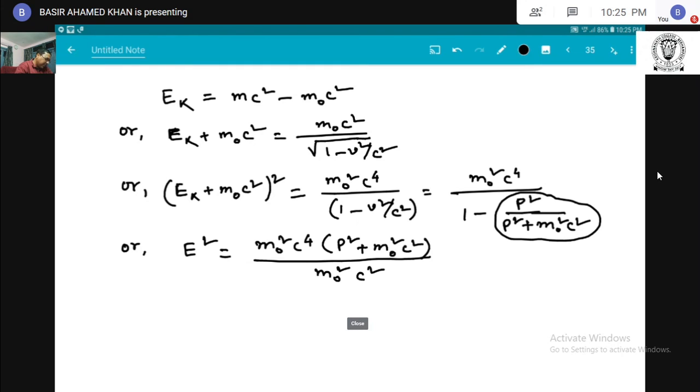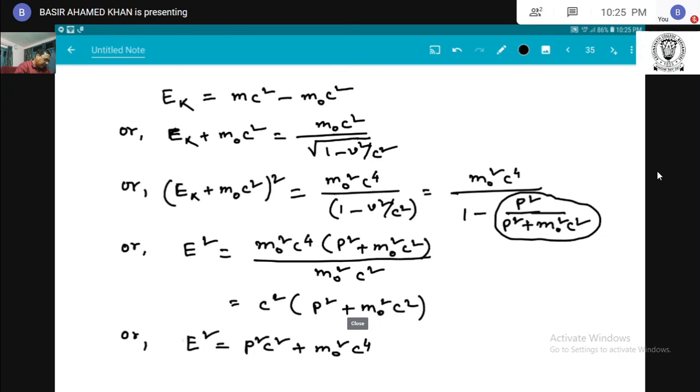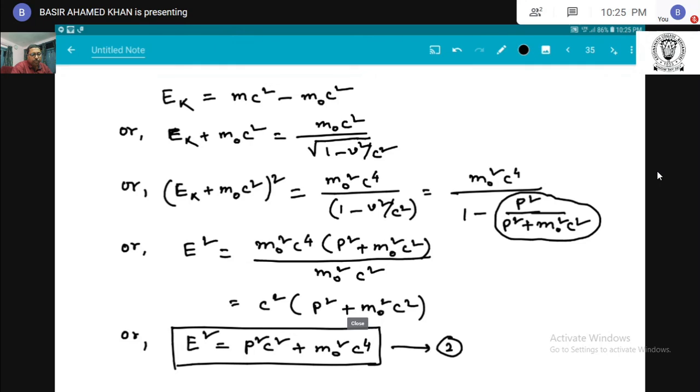That means it becomes E square equals c square into p square plus m0 square c square, or E square equals p square c square plus m0 square c to the power 4. This equation gives the relation between energy and momentum relativistically.